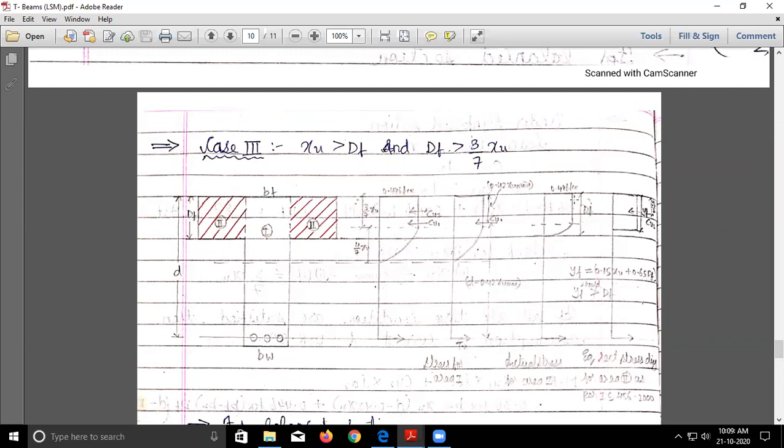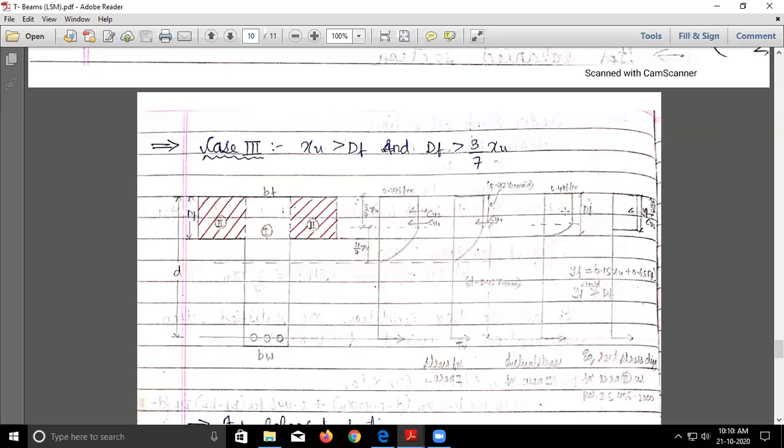Now coming to the actual stress for area 2. This is DF, the total DF from here to here. But since this is a combination of a rectangular and a parabola, are you getting it? We will have to find the CG, because for the second area we want to find the location of CU2 and its corresponding CG. So IS code has recommended an equivalent rectangular stress diagram for area 2.